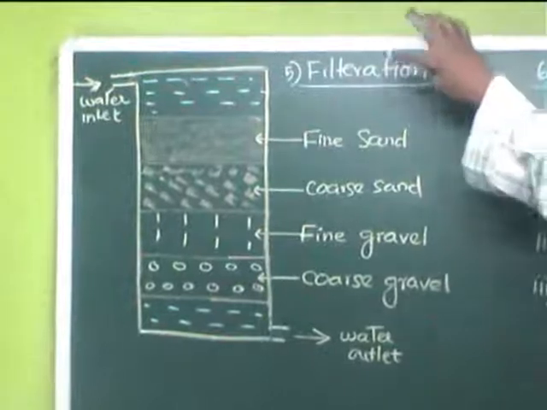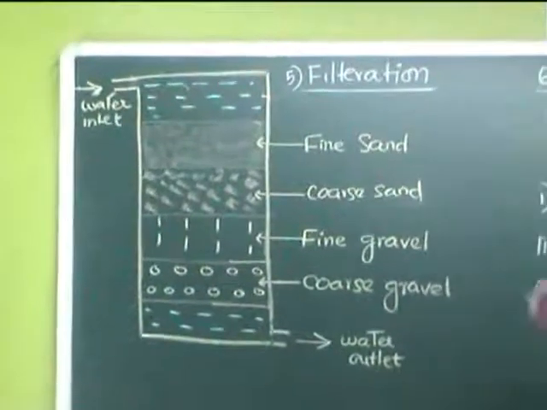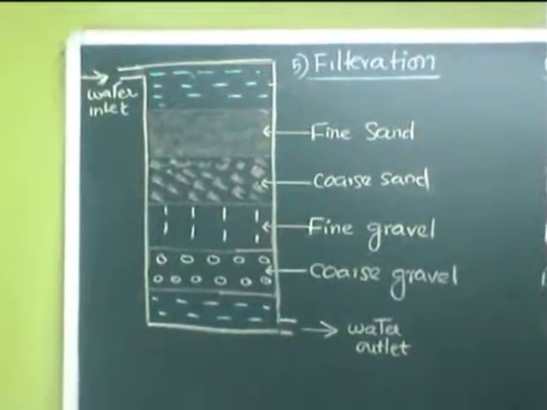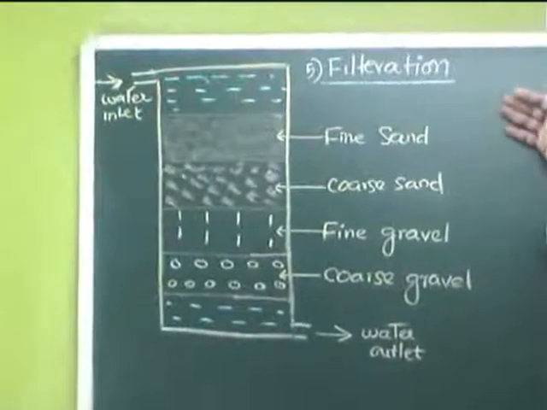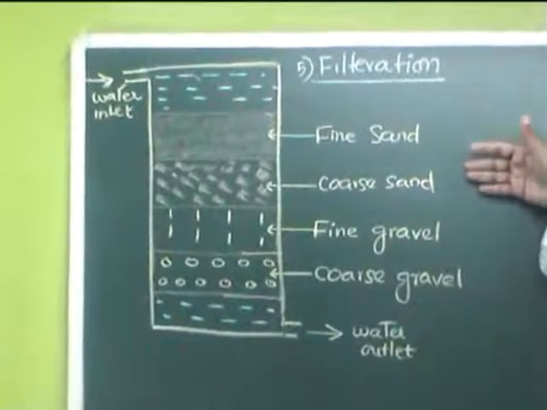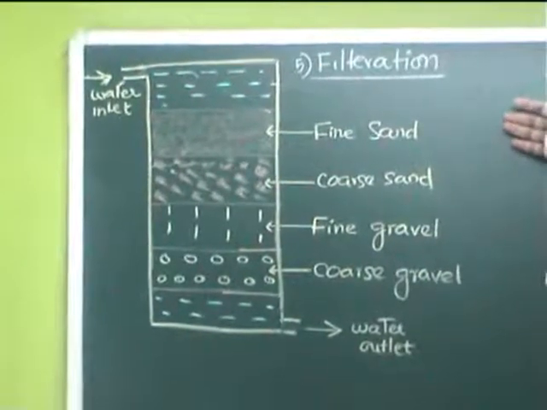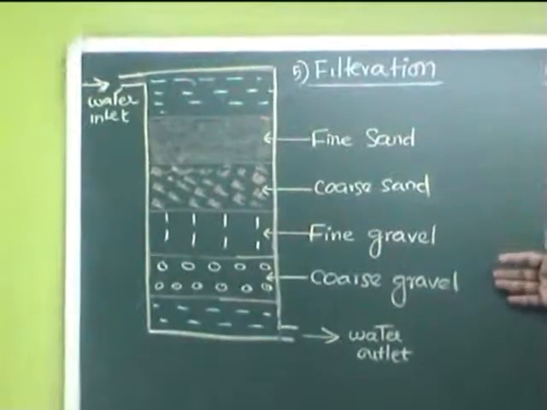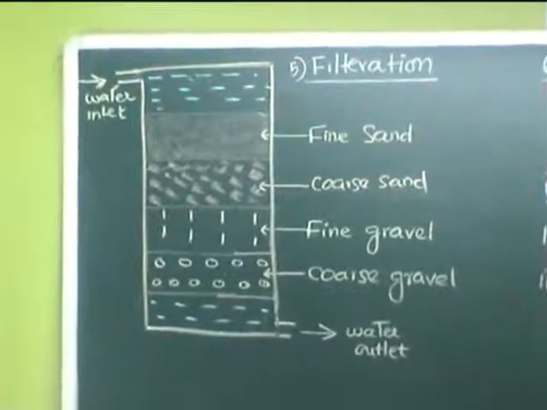On the top, when this impure water is allowed to pass through, the fine particles are retained by the fine sand itself, and that water, filtered by the fine sand bed, goes through the next layers, coarse sand, fine gravel, coarse gravel, and finally at the bottom we are getting the pure water.